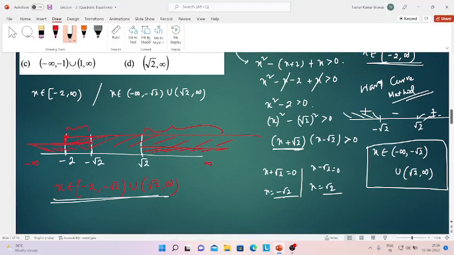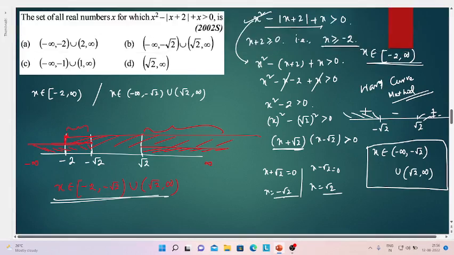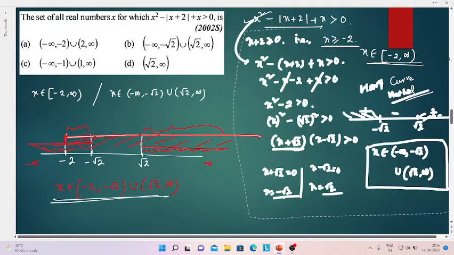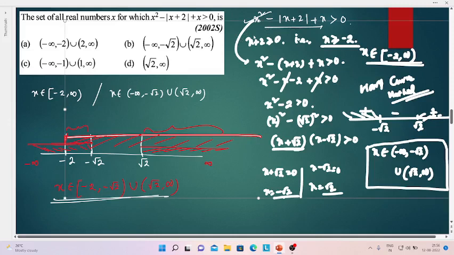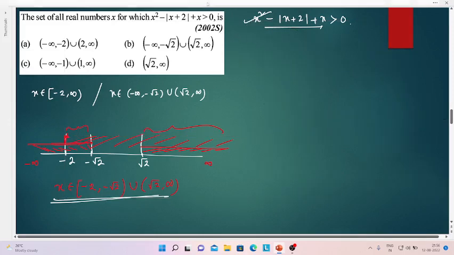And we also have another case here. Let me erase that part. The other case is for x plus 2 less than 0. So x is less than minus 2, and x belongs to minus infinity to minus 2.